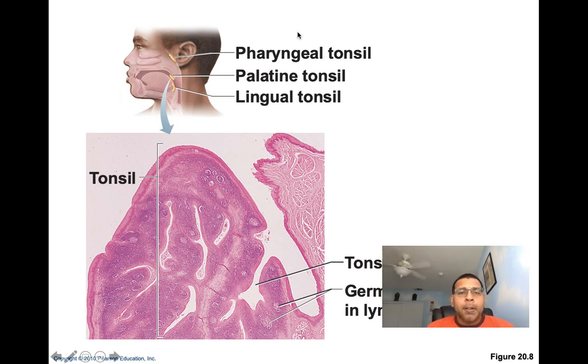Pharyngeal tonsils, we said, are known as your adenoids when they become enlarged, and they're located up in the posterior wall of the nasopharynx. The next one you have to add is your tubal tonsils. Your tubal tonsils are very tiny tonsils, found surrounding the openings of the auditory tubes into the pharynx.